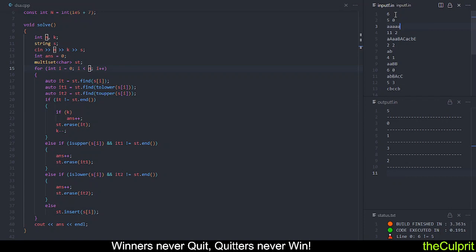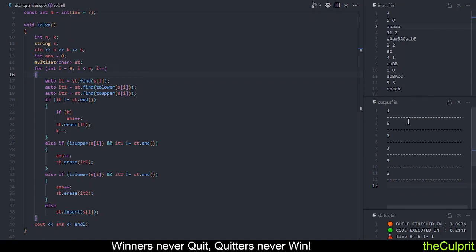If I take all these, this should be 0. Okay, I see. There are no operations, but still we are getting 1.